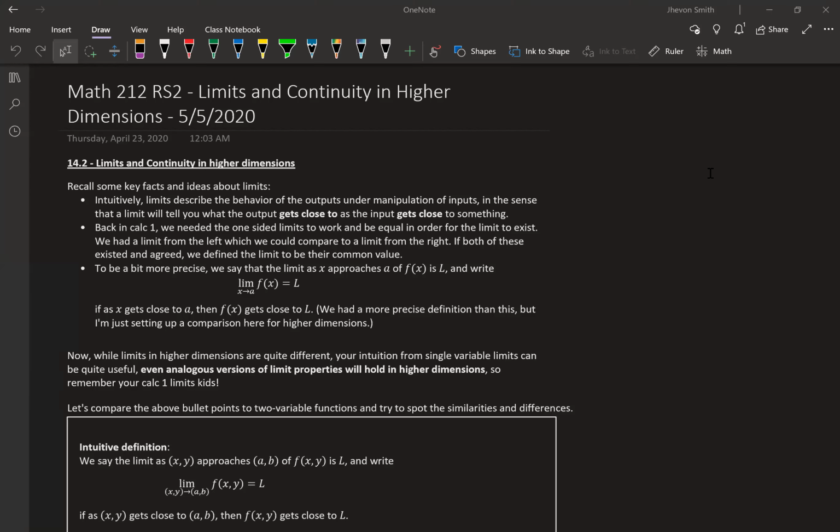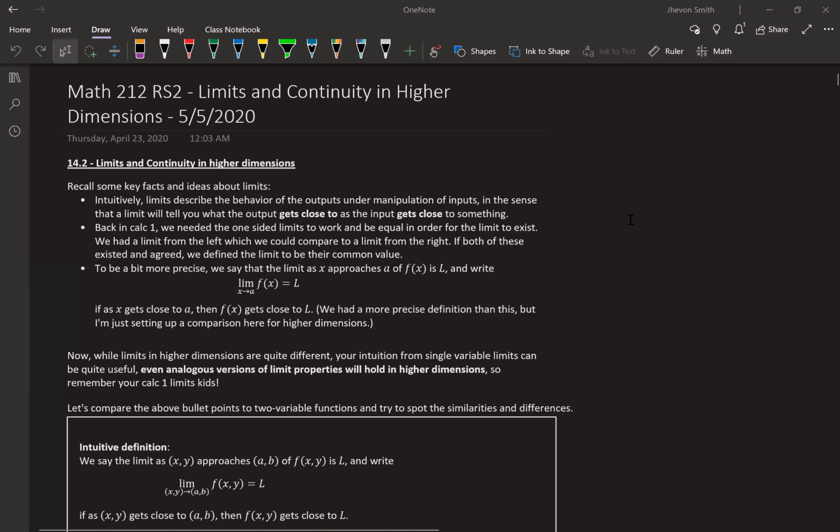So if the one-sided limits gave you the same value, you just define that to be the value of the limit, because that's what happens to the y value. If you're in a situation where one side gives you one value and the other side gives you another value, that means the limit does not exist, because you can't say what the output is when your input is getting to something, because there are different answers here. So it introduces ambiguity that we don't like. Okay, so all those concepts I expect you to know.